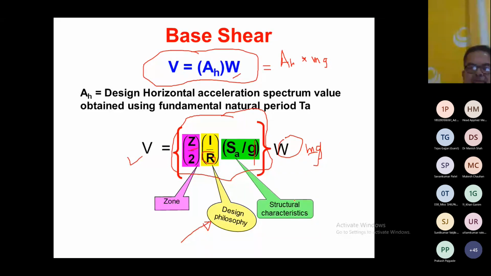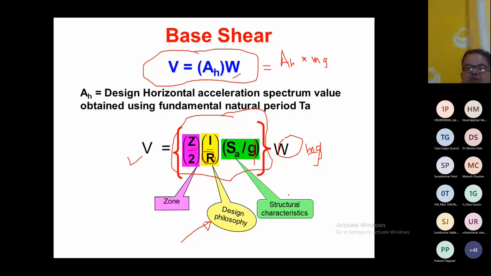And SA by g means the acceleration of the system, which depends on the structural characteristics, right? We know that shaking of the foundation takes place, so how much acceleration your structure is going to experience depends on the structural properties.